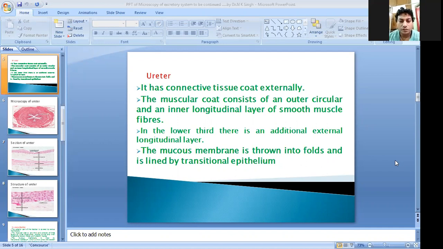So organs where fluid comes, like ureter, pelvis, urethra, urinary bladder, are all lined with transitional epithelium, since it has the characteristic feature of contraction and relaxation.